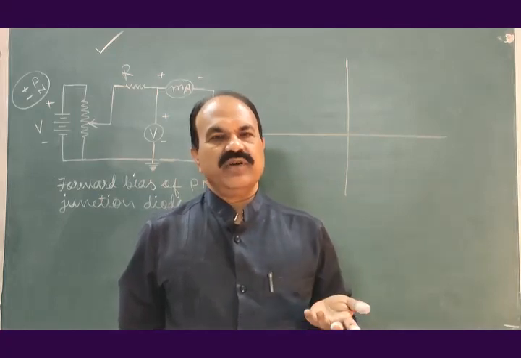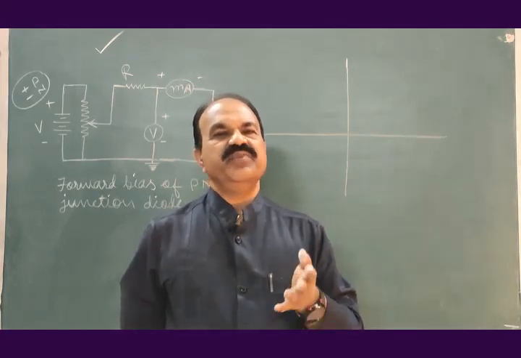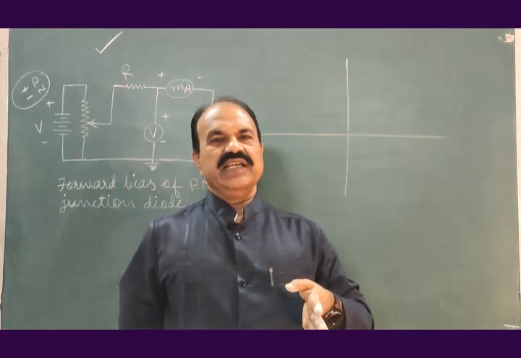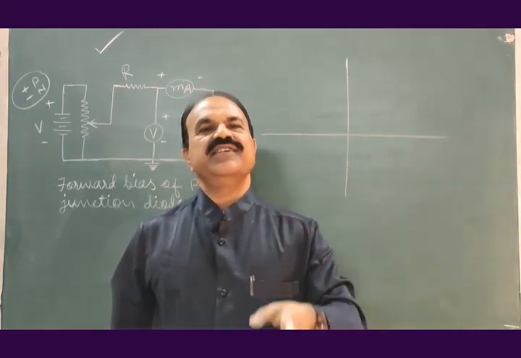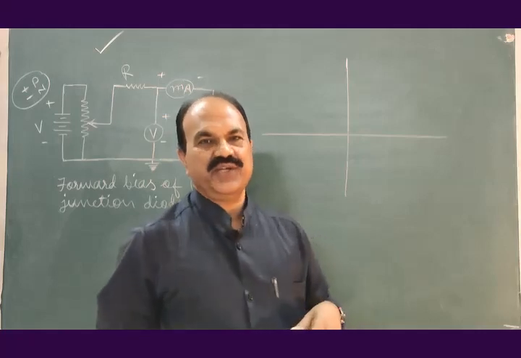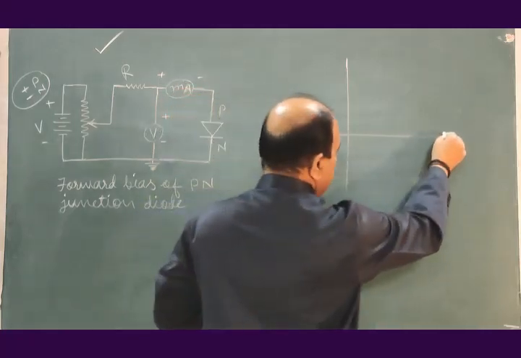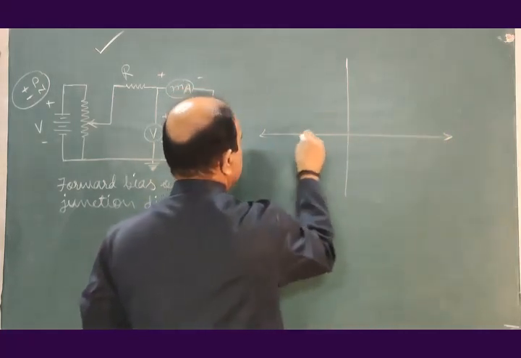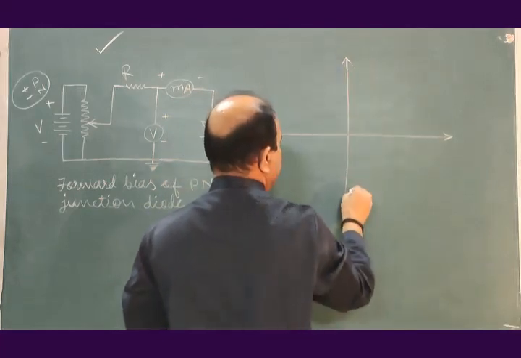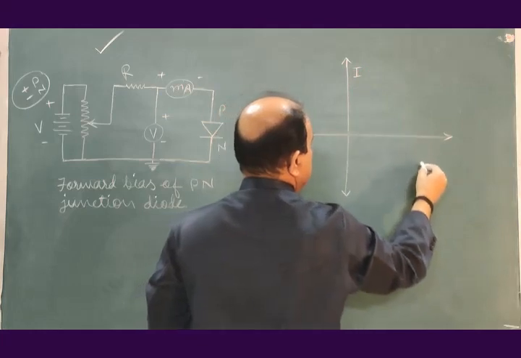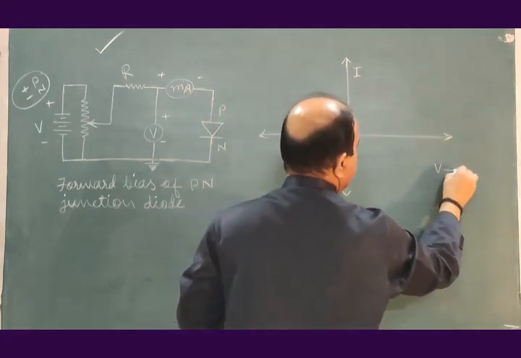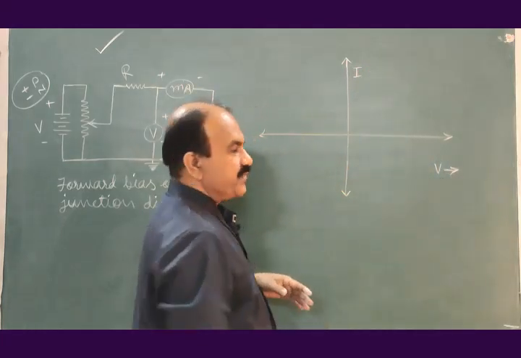It is the graph between voltage and current of a PN junction diode. This is the x-axis, this is the y-axis. The y-axis is always the current axis, and the x-axis is always the voltage axis.